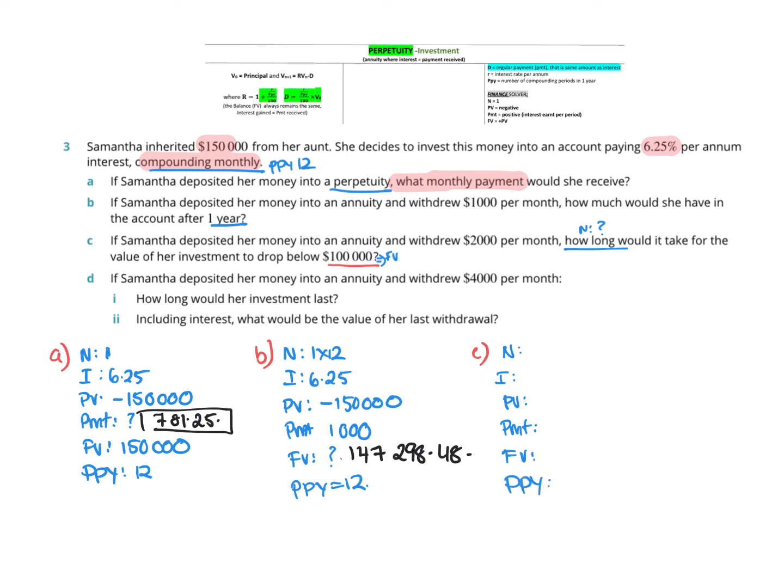So how long, that's going to be our question. The interest rate is still 6.25. They're still investing 150,000, so we'll pop that in there. The payments are now 2,000 a month, so PPY is 12, and we want the value to be 100,000, so we're going to see when that happens. So we'll pop that in, and this one will become the blank one, and we'll check that.